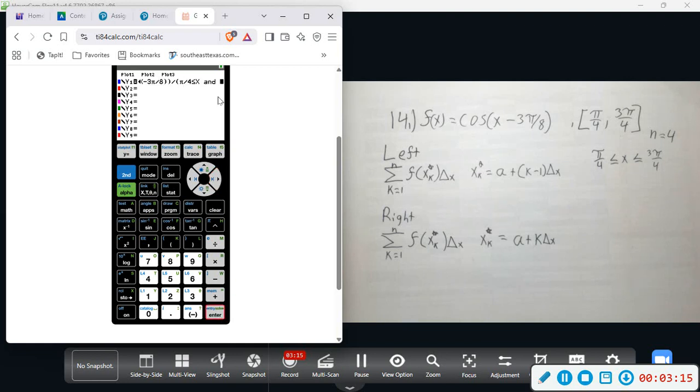This is the way the calculator does it. And then we're going to say x, and then second math, and then 6 again, and then we're going to do 3 pi divided by 4. All right, so just double check, make sure you got everything input correctly.